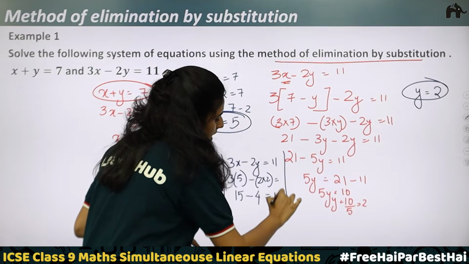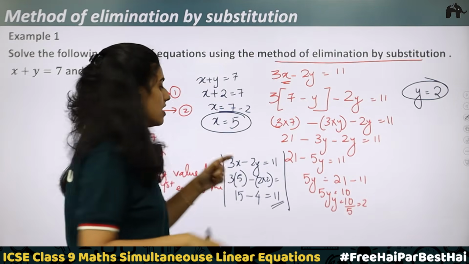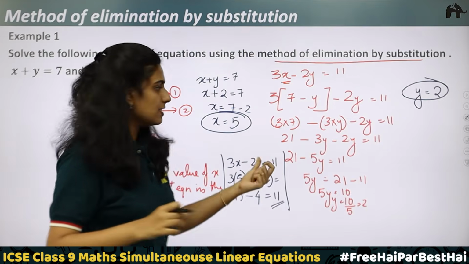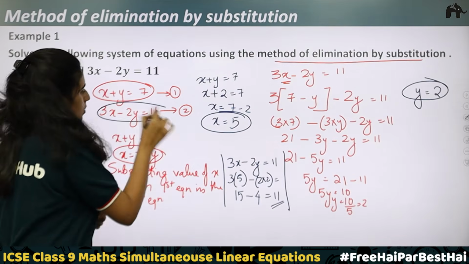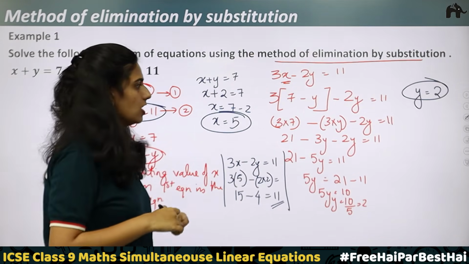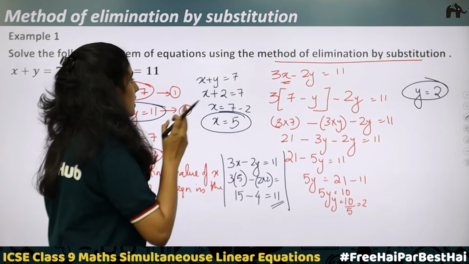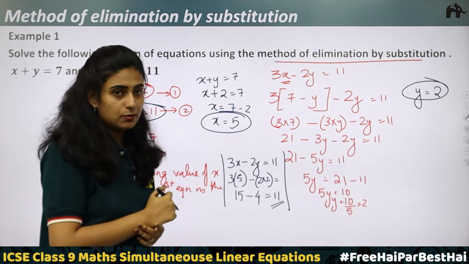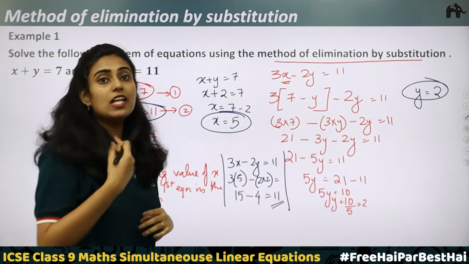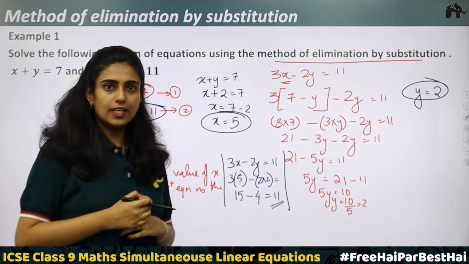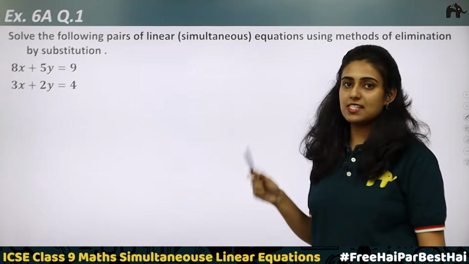So on substituting, you get the value 11. So the values of x and y are agreed by the second equation as well. This is how you find the unknown variables of a linear equation in two variables using the method of elimination by substitution. Clear?